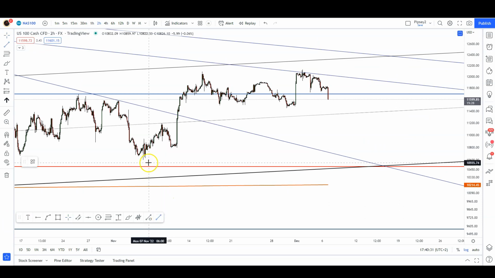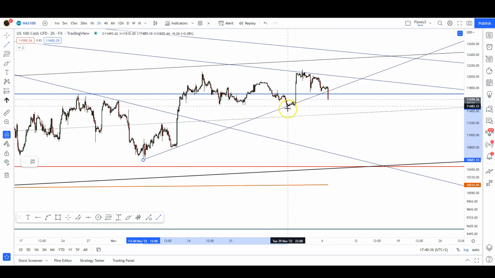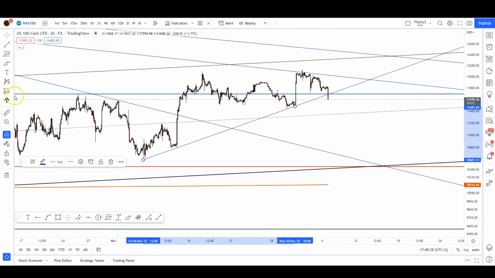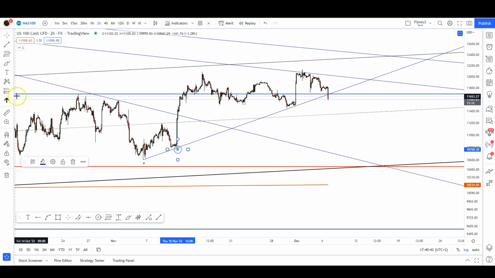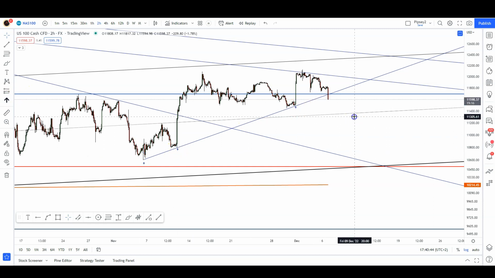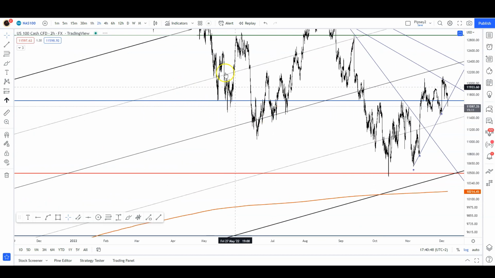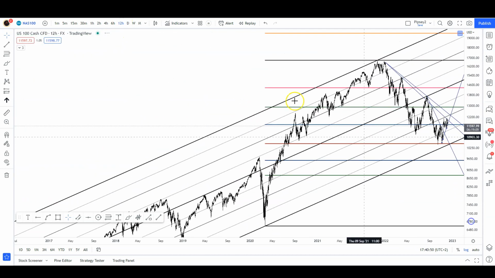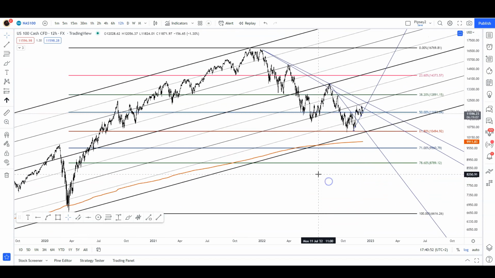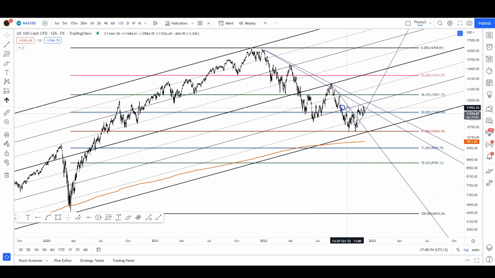If we take this trend line, place it on support. That support line has been broken, right? Then we look at this 50% area on the Fibonacci retracement tool. I'm going to zoom out so you know this blue line here, right?